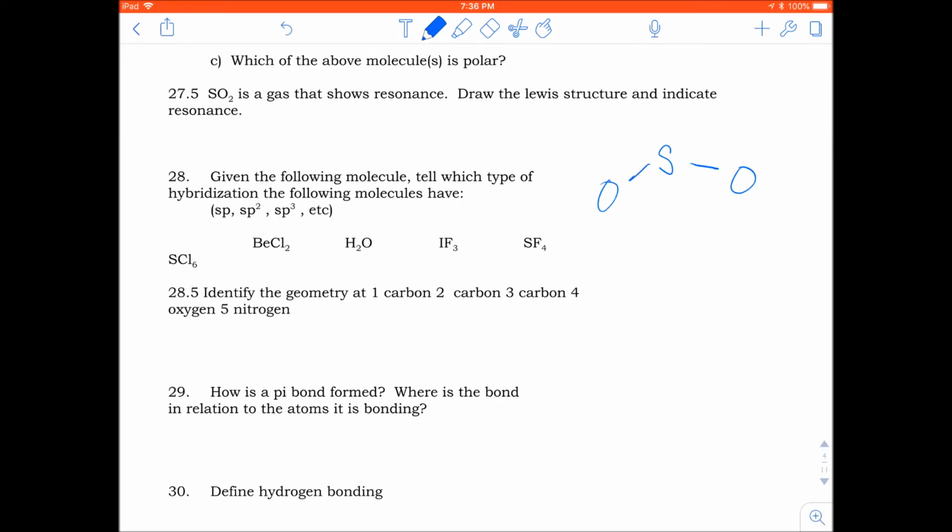Each oxygen will have 6 electrons, so that's 18 total. 2, 4, 6, 8, 10, 12, 14, 16, 18. Our oxygen, you can see, has 8. This oxygen has 8, but sulfur only has 6. In order to make that work, we need to move 2 electrons.